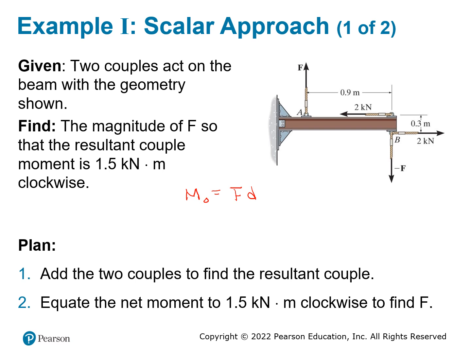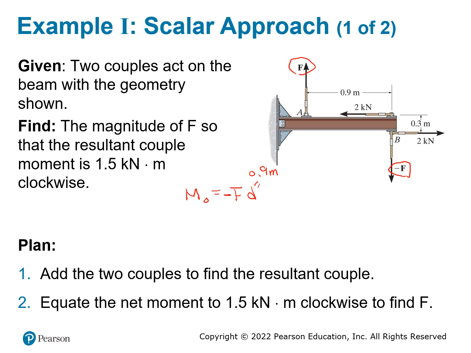If we look at this pair of forces, it's going to cause this object to turn clockwise, right? So we will have a negative of f times d, where this d here is equal to the distance between these two forces, that's 0.9 meter.